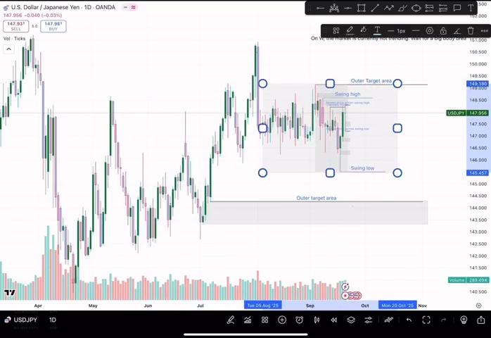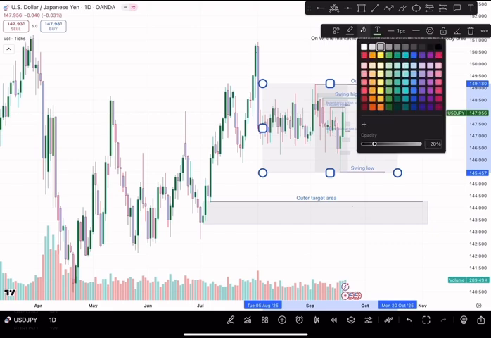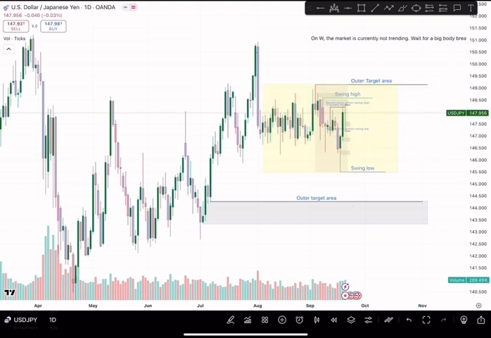And let me mark this area in yellow. So in that area, as you can see, the market is going sideways, and the highest point is the outer target area that I marked out, and the swing low. So this is the highest point for it.